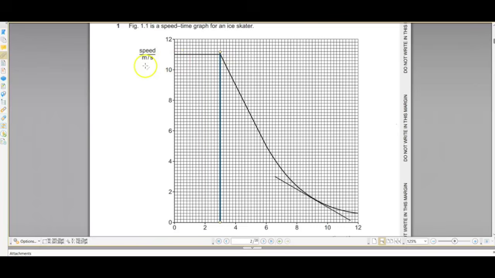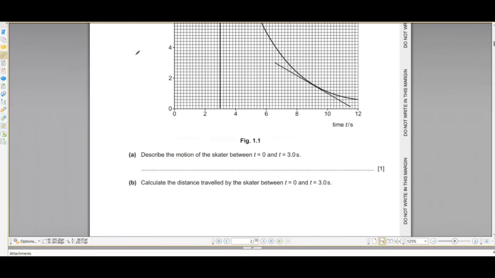We can see that in a speed time graph, whenever we have a straight line, it means that there is uniform or constant speed. So if you've got to mention something, the motion of the skater is uniform during T0 and T is equal to 3, or you can also write that the skater is moving with constant speed.